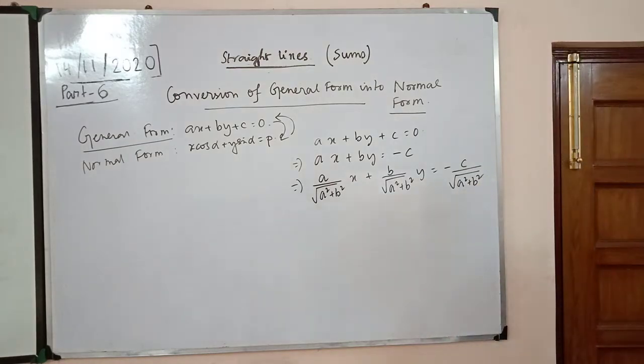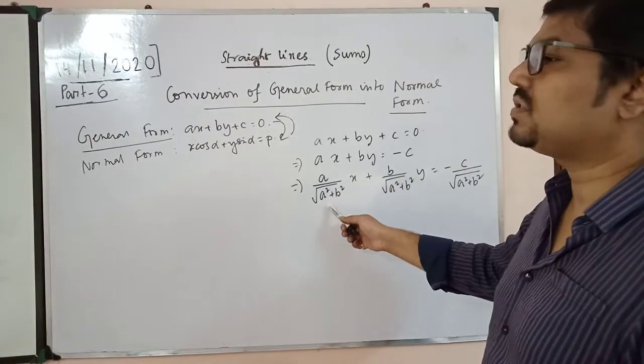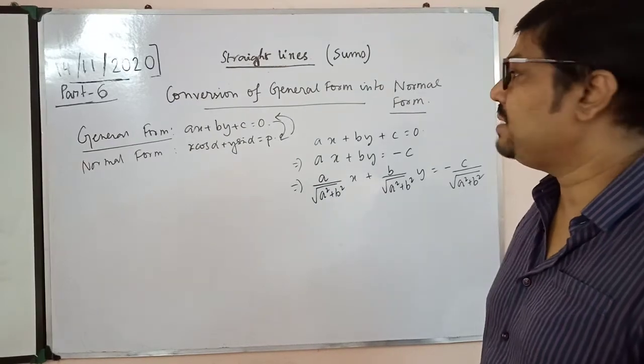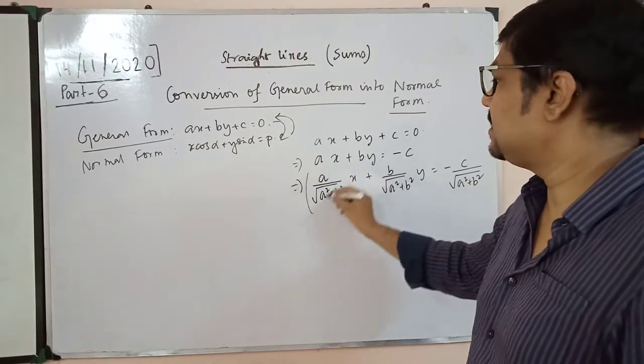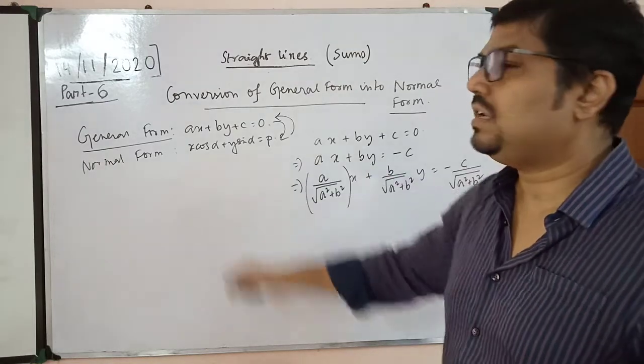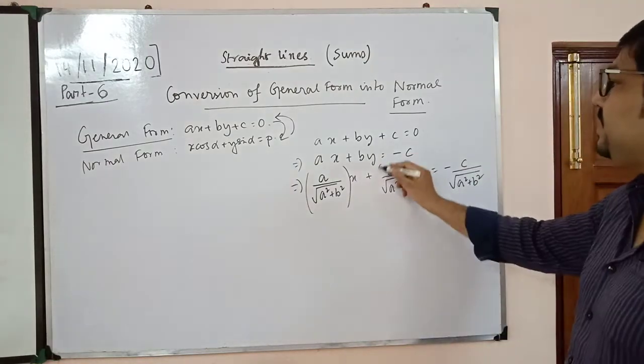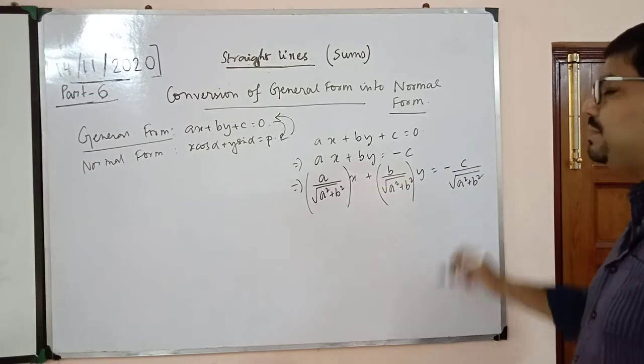This root over a square plus b square will be the hypotenuse, which will convert this as a by root over a square plus b square. That will be base by hypotenuse, that will generate cos alpha. This will generate sin alpha and this will be p.